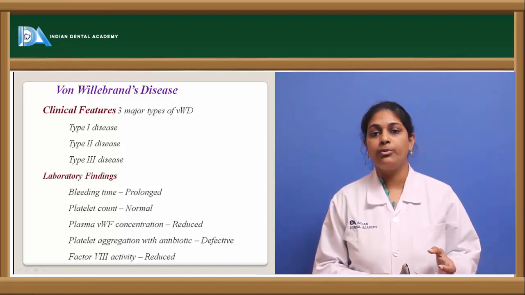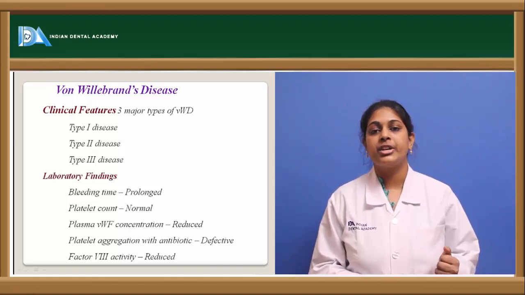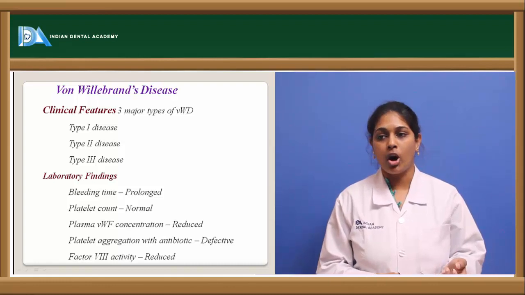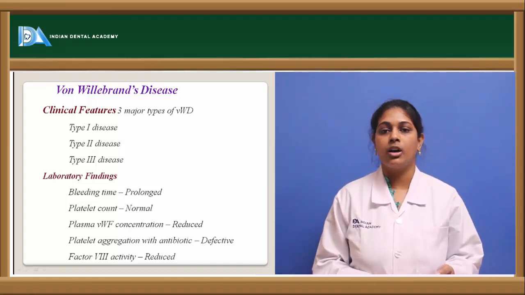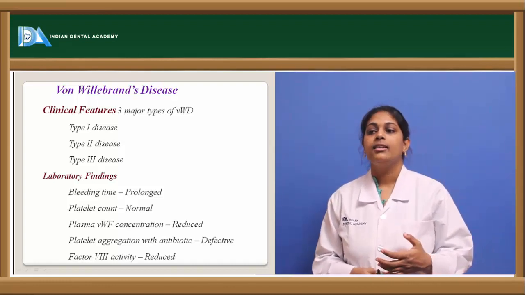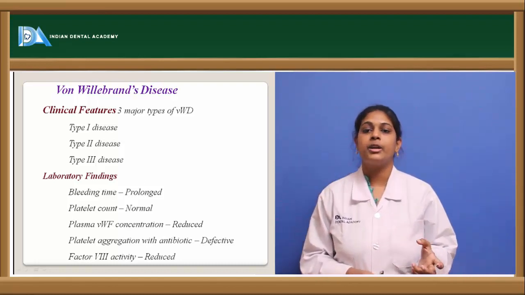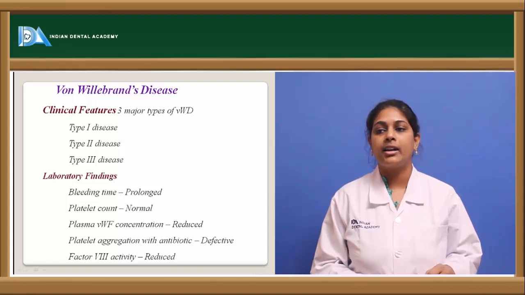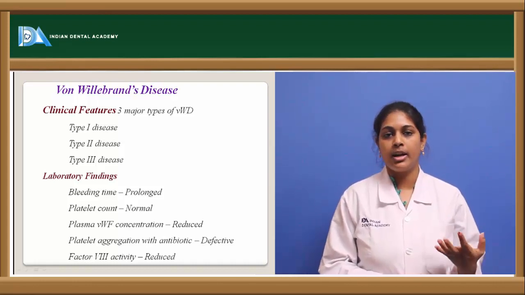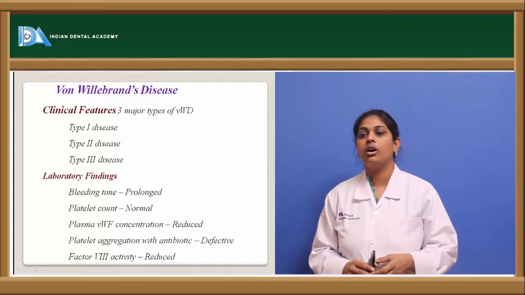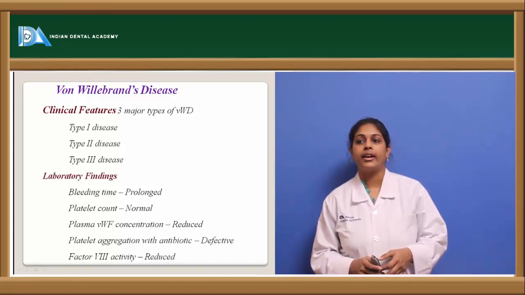The plasma von Willebrand factor concentration is reduced compared to normal, and platelet aggregation is tested. When platelet aggregation is demonstrated, it shows a defect in the platelet aggregation, because of which there is more bleeding tendency in these patients. There is also a reduced activity of factor 8 in von Willebrand's disease.